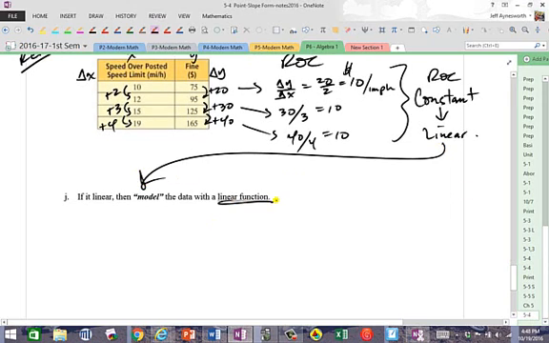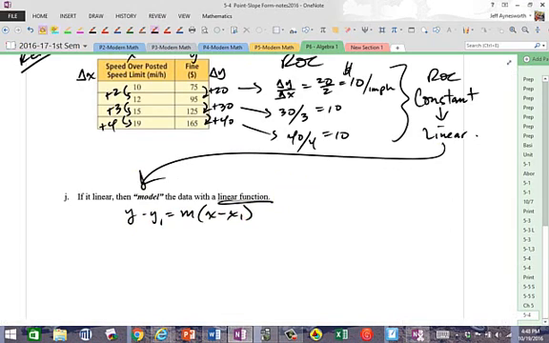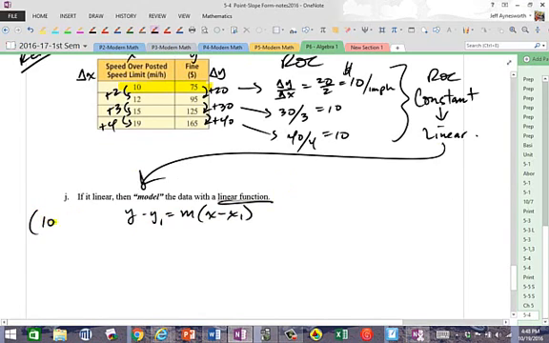And so y minus y1 equals the slope times x minus x1. All right, let's pick a point like the first one here. That's good enough, right? So let's use 10 comma 75. This is my x1, y1. My slope right here is 10. So I'm going to use the slope of 10.